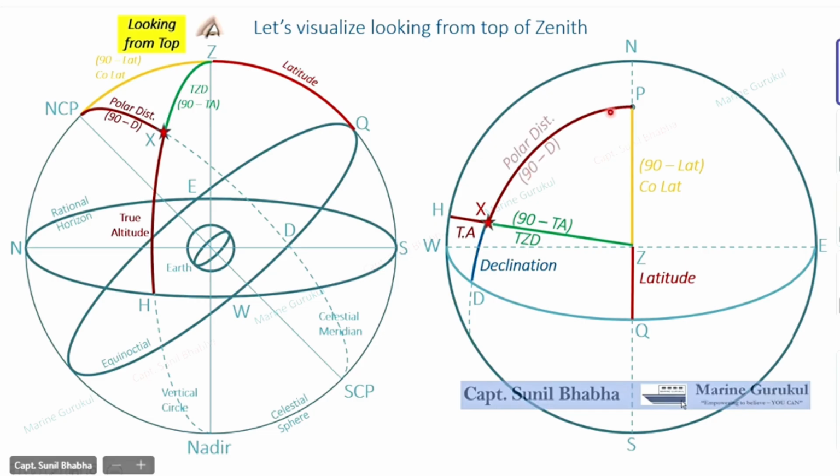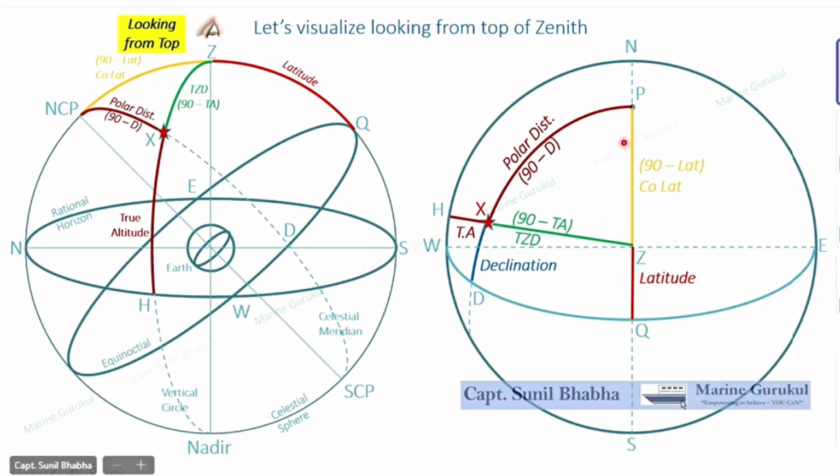The arc which is highlighted in maroon color now will be 90 minus declination, and it is the polar distance of the body. You can correlate it to the celestial sphere diagram also. You see, D to X was the declination, X to P is the polar distance, which is 90 minus declination.